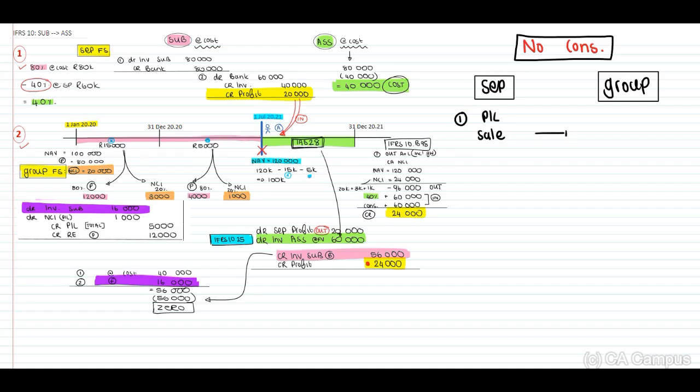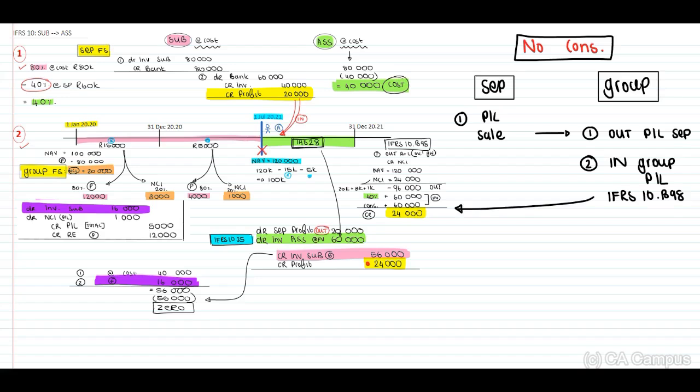For group purposes, 1, we will have to take out that profit or loss relating to the separate records. 2, we will have to include our group profit or loss, which we calculate in terms of IFRS 10 B98. Remember, we've calculated this. Take out the assets, liabilities, carrying amount. Identify what should still be included. And then step number 3. Within this journal, ensure that your associate is included at fair value.